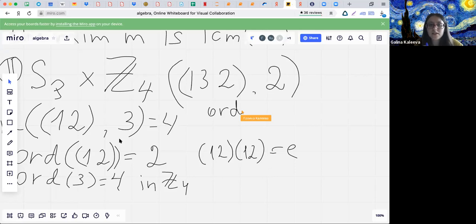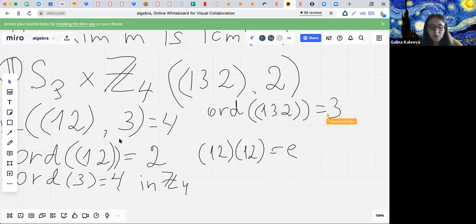And the same is true about all the numbers in this cycle, okay? And the order consequently equals the length of this cycle. And you may directly compute the third power of this cycle and see that this is a neutral element. So the order of this cycle equals 3.